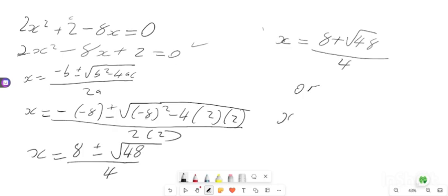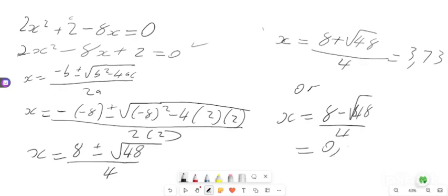Then for the other one, 8 minus root 48 divided by 4. Therefore 8 plus root 48 divided by 4 gives 3,73. And then the second answer is 0,28. Therefore we are done.